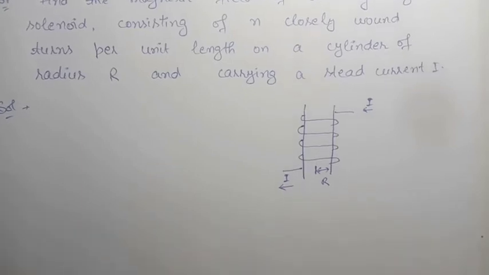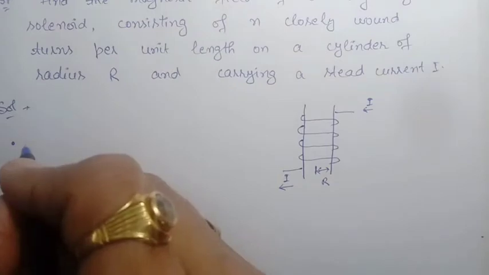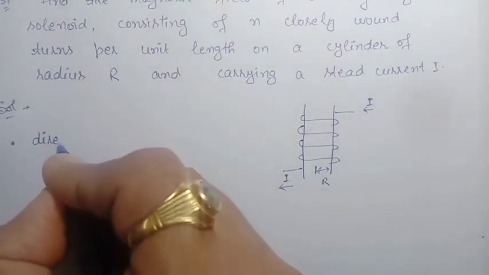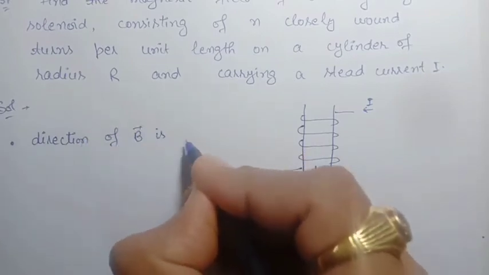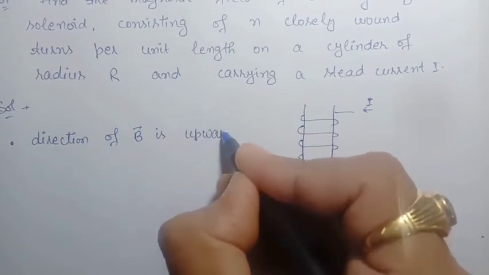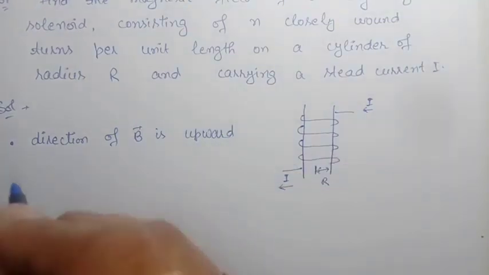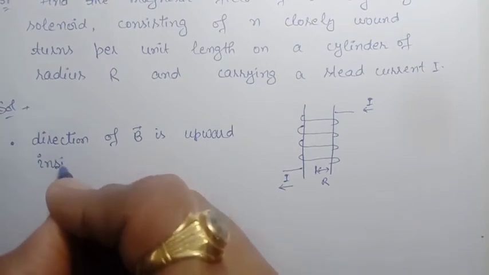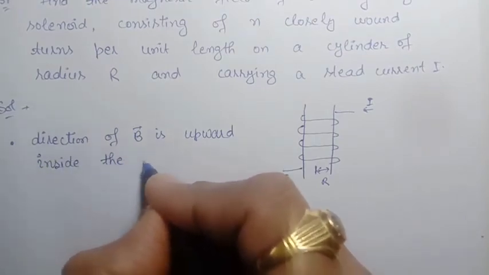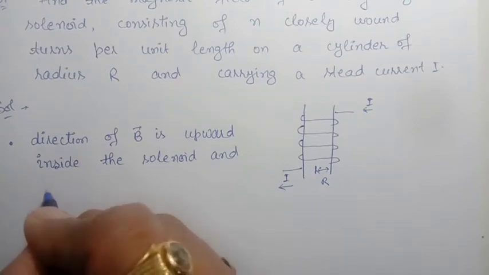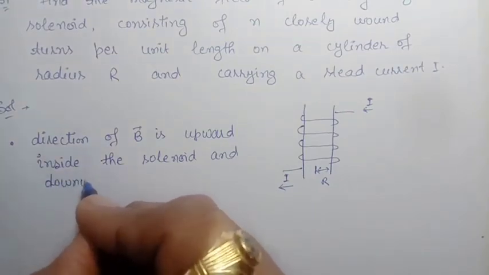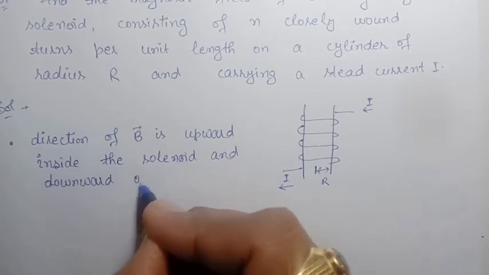So as per the right hand rule, the direction of the magnetic field is upward inside the solenoid, and downward outside the solenoid.